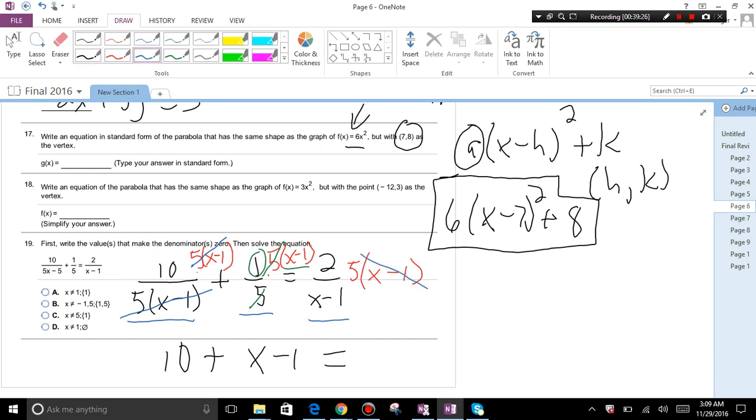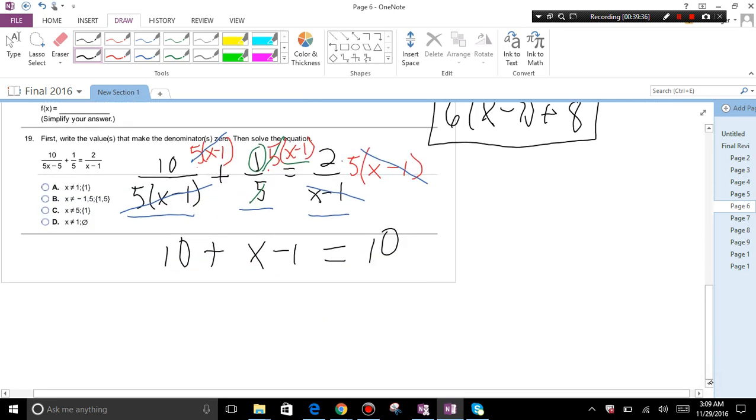This x minus 1 cancels with this x minus 1. The 2 and the 5 multiply to give you 10. Now we're ready to solve. After this step, there are no more denominators. x plus 9 equals 10. x is equal to 1.